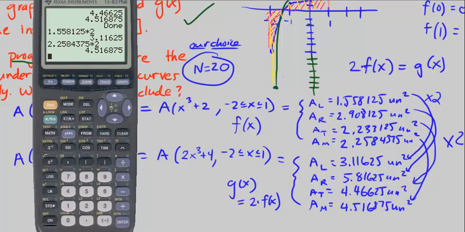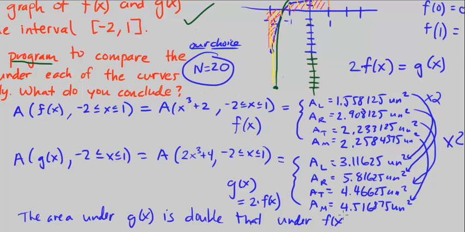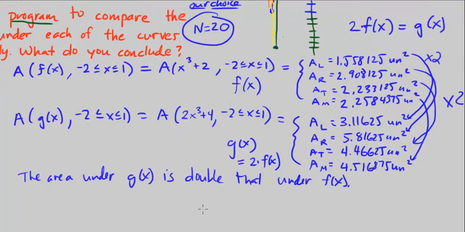Okay, so that's what we conclude: the area under g of x is double that under f of x, right? And that makes sense because g of x is equal to 2 times f of x.